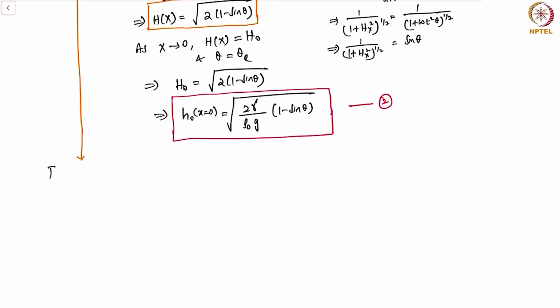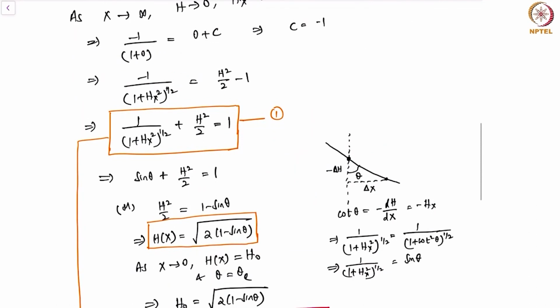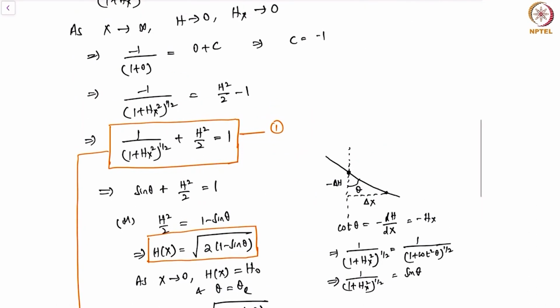So we have integrating equation 1 for h of x. Note that to get equation 1, we have only used the far field condition, that is x going to infinity. Now we can actually use the other condition.